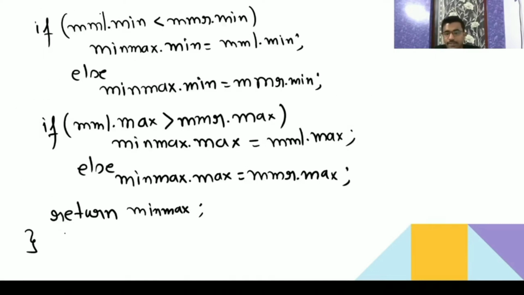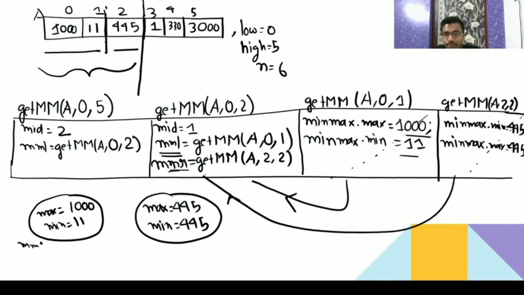So see how it is comparing. If the min of the left hand side is smaller than the min of the right hand side, then the actual min is going to be this one. So here you are going to get min max.